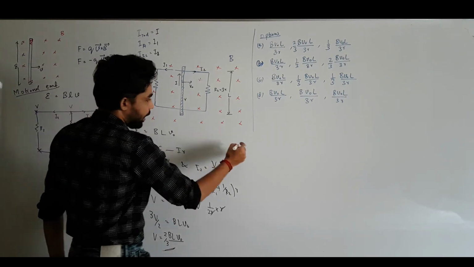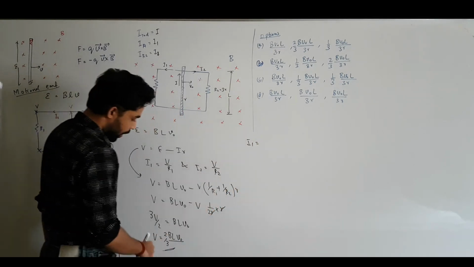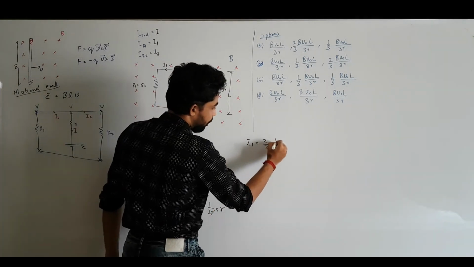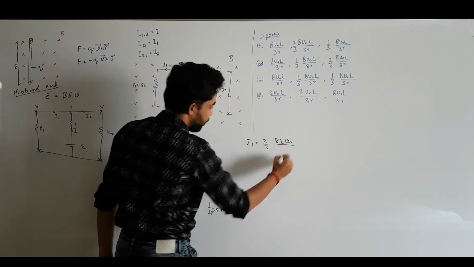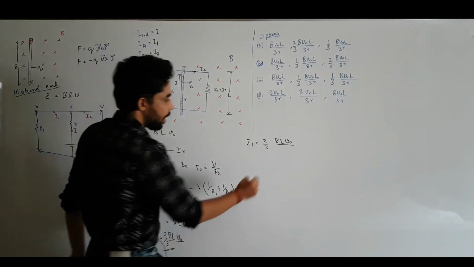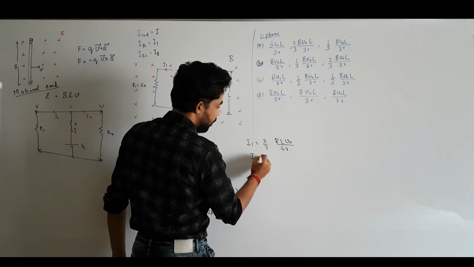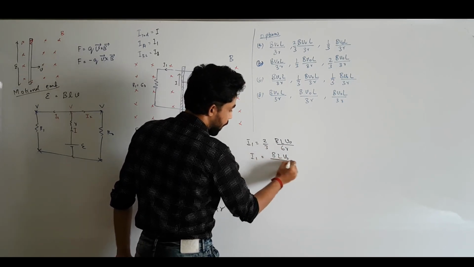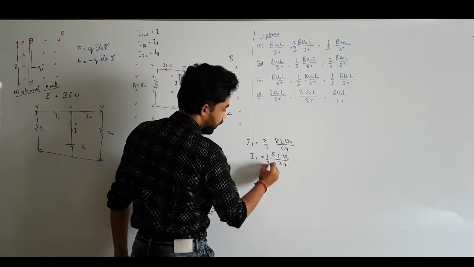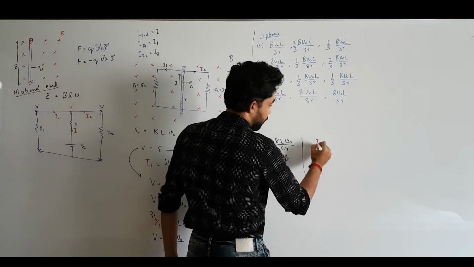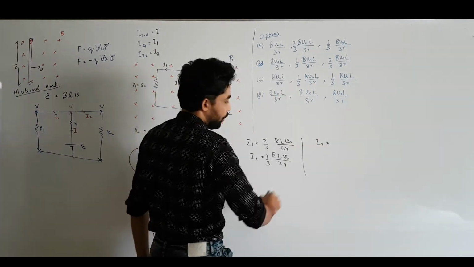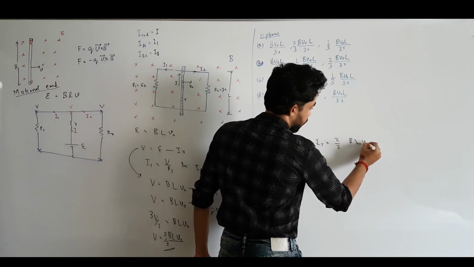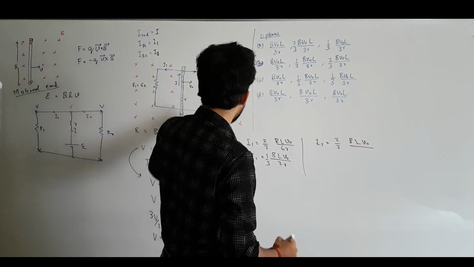From that, I1 will be V by R1, so that is 2 by 3 BL V naught divided by R1, which is 6R, so this will get cancelled and I'll get I1 as BL V naught by 9R. And I2 will be V by R2, which is 2 by 3 BL V naught divided by R2, which is 3R.